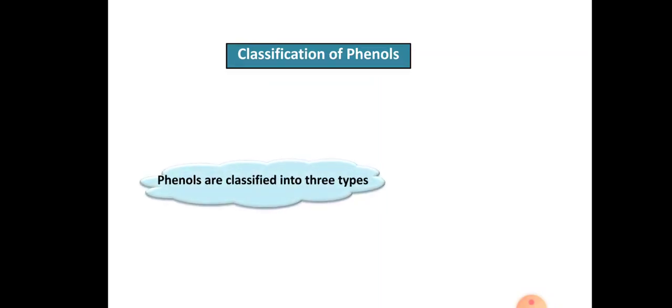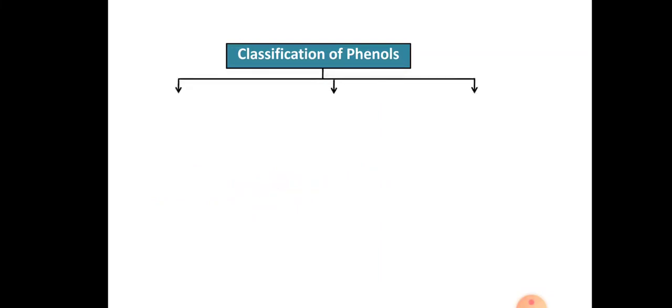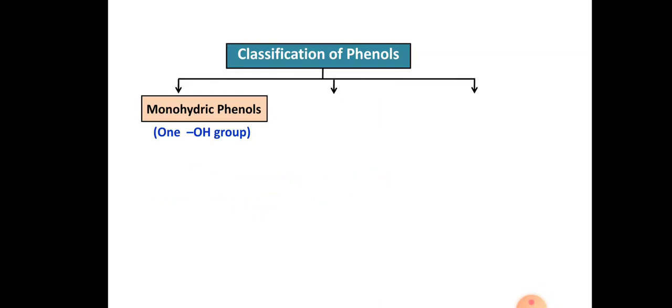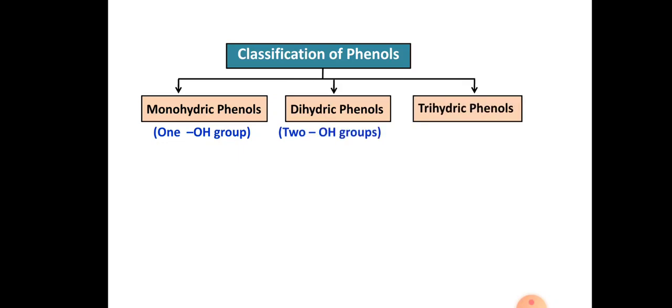Next, classification of the phenols. Phenols are classified into three types. Number one, monohydric phenol, that means containing only one hydroxyl group. Dihydric phenol, that means two hydroxyl groups, and trihydric phenols, that means three hydroxyl groups.